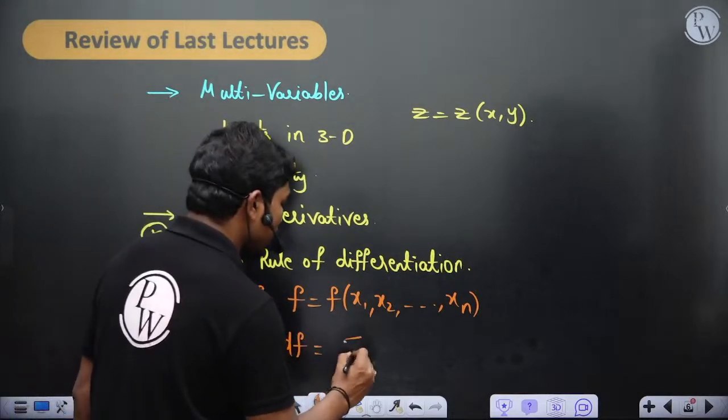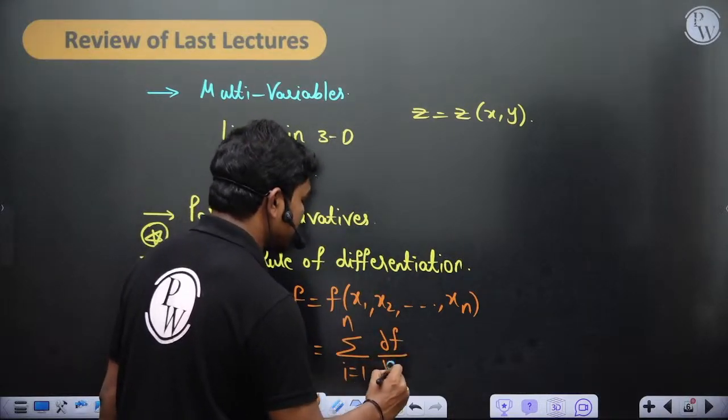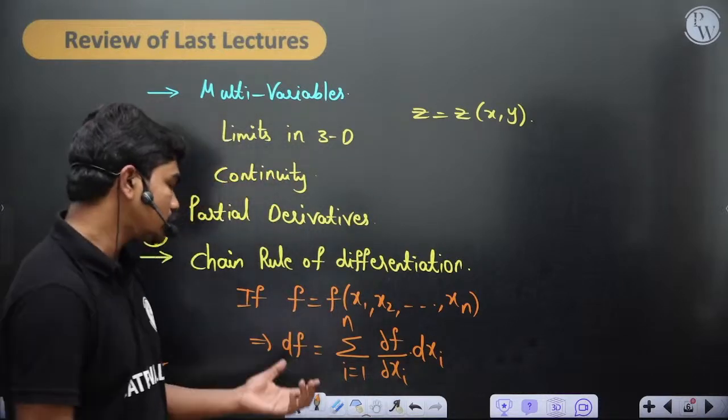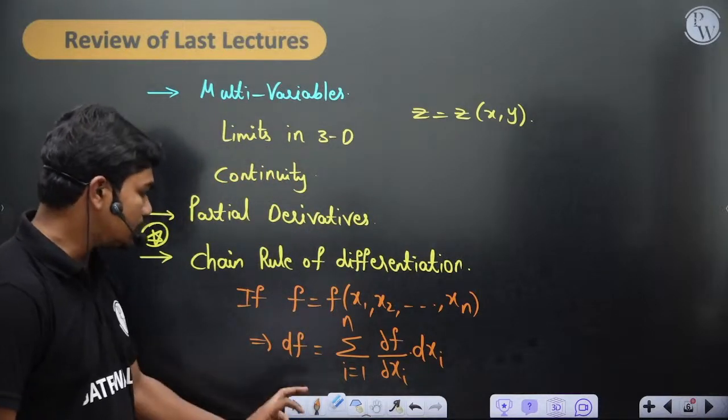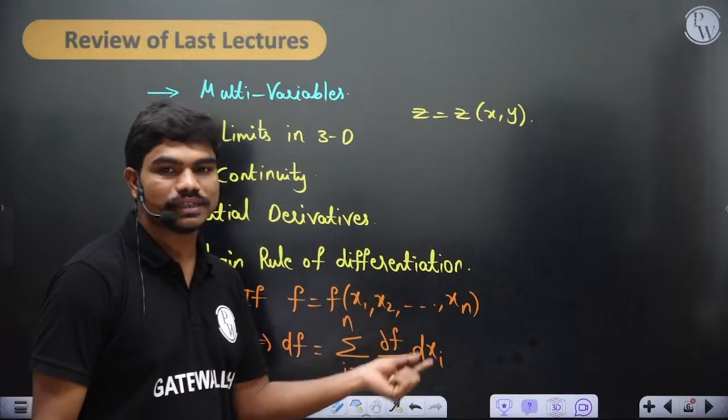So df equals the summation i equal to 1 to n of dou f by dou xi multiplied with dxi. And we have seen in general that the total change in f is brought by the changes due to all these variables, and we sum them up.